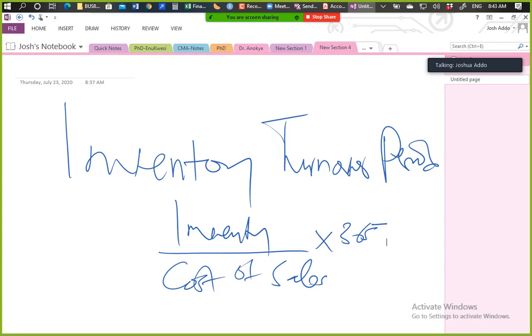Practically, before you arrive at the year-end inventory, the sales returns would have already been adjusted. I don't know if you understand what I'm saying. Before they come up with the figure for inventory, that this is the amount of inventory in the warehouse at the end of the year, they would have already added the return stock if it is not sold.